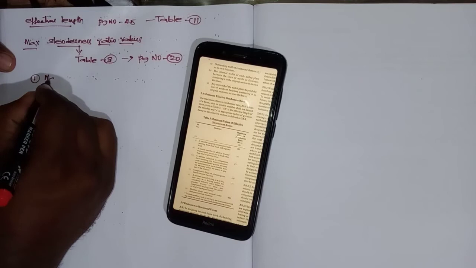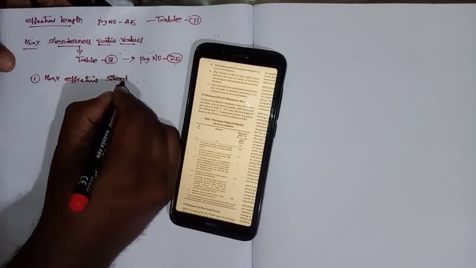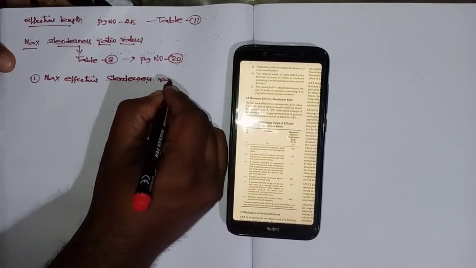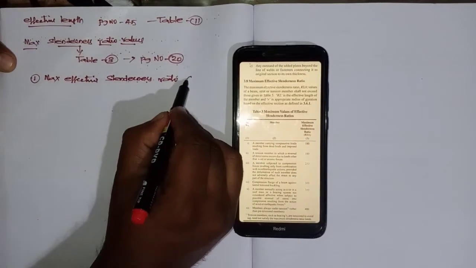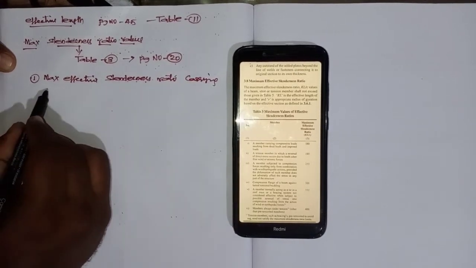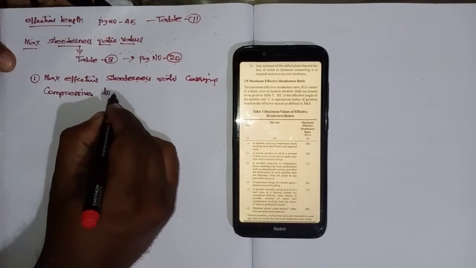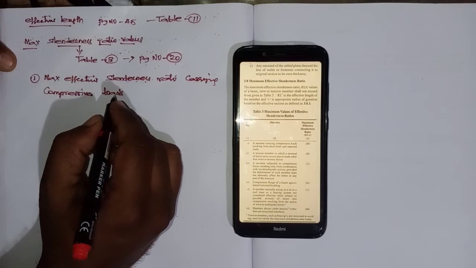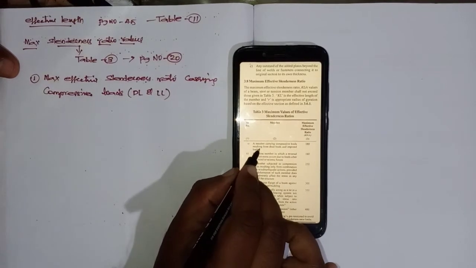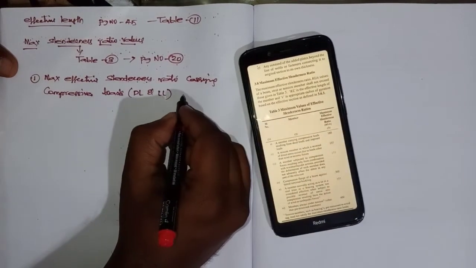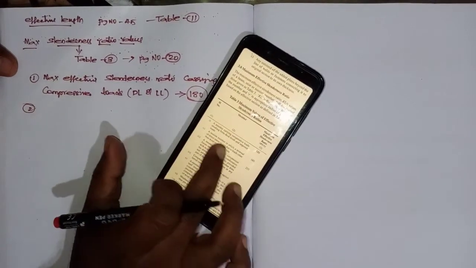So the very first, maximum effective slenderness ratio for a member carrying compressive loads due to dead load and live load, that is, dead load and imposed load, will have a maximum slenderness ratio value of 180. Next, the second one is regarding tension members.